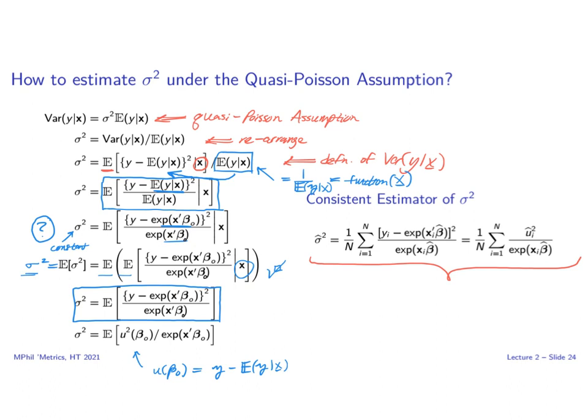Just to be clear, I haven't proved that this estimator is consistent, but one can do so. I've merely suggested it based on the analog estimation principle. I showed you a population object, and I suggested replacing a population mean with a sample mean, and replacing an unknown population parameter beta naught with an estimated sample parameter beta hat.